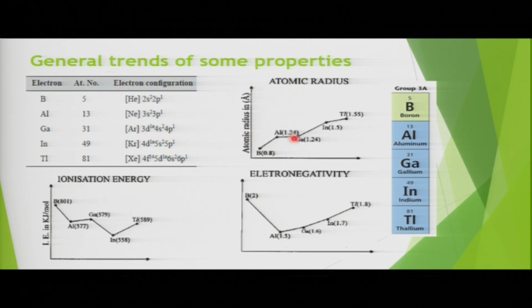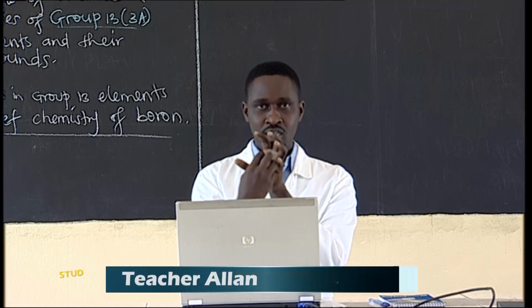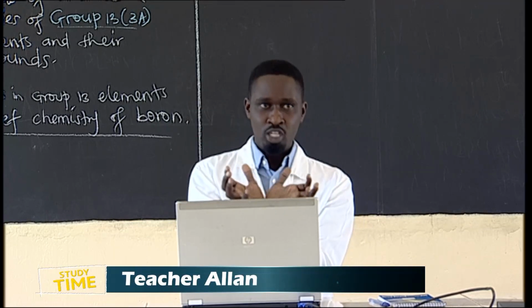So the reason why gallium has a similar size as aluminium is simply because of the poor screening effect brought in by the d orbital in gallium, meaning that the outer electrons, the 4s and 4p, are strongly attracted by the nuclear charge. So that makes the atomic size reduce because of the high attraction exerted from the nucleus onto the outer electrons.